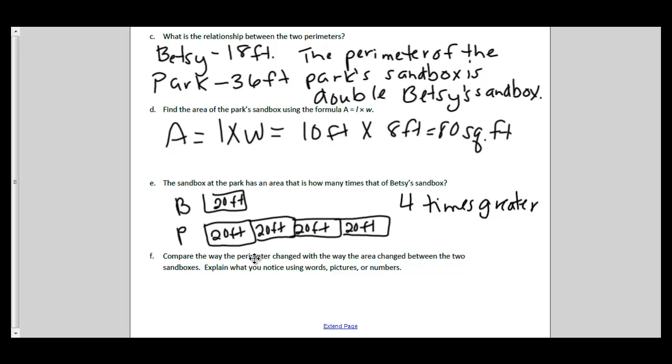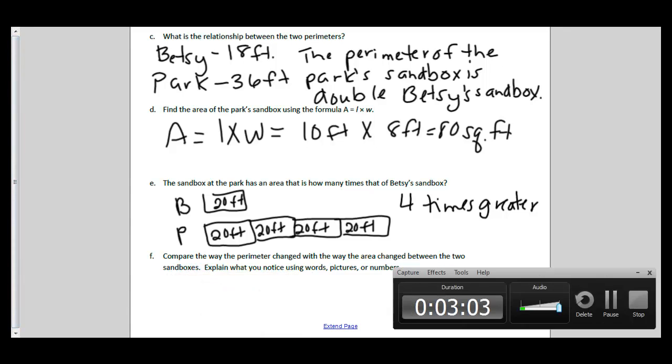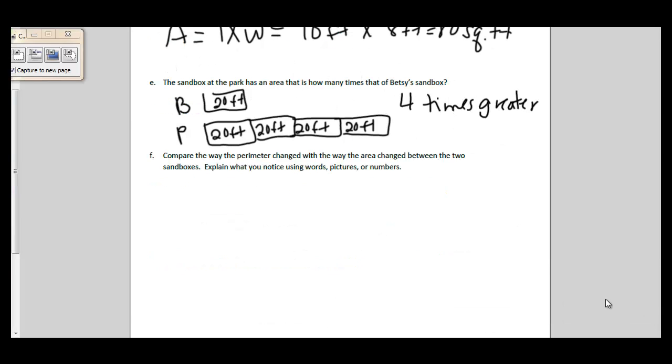It says compare the way the perimeter changed with the way the area changed between the two sandboxes. Explain what you notice with words, pictures, or numbers. So I want you to take just a second to stop and think about how that has changed. Okay, so I'm going to draw a model here just to think about this for a second. So I'm just looking at the way the perimeter changed compared to the area. So if this little square represents Betsy's sandbox.